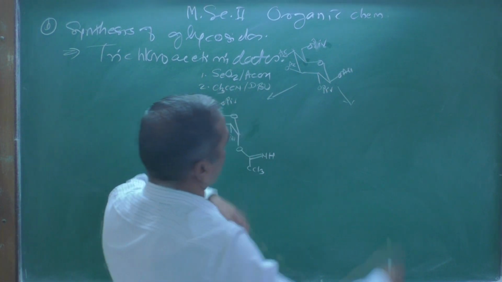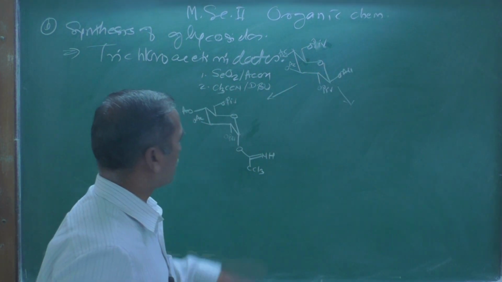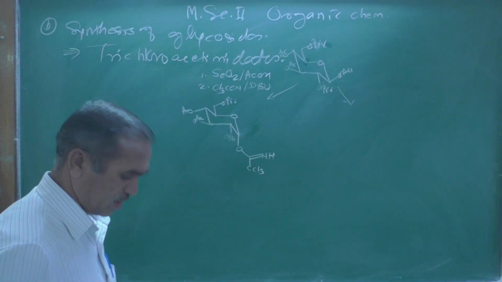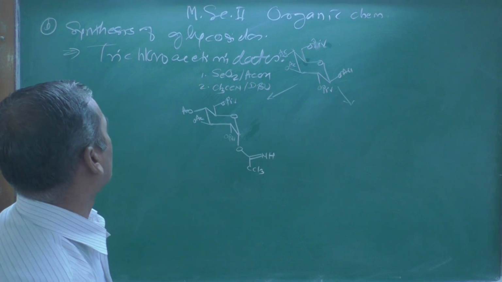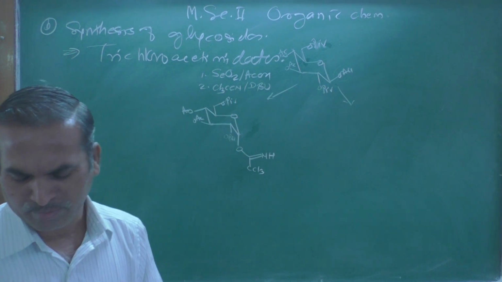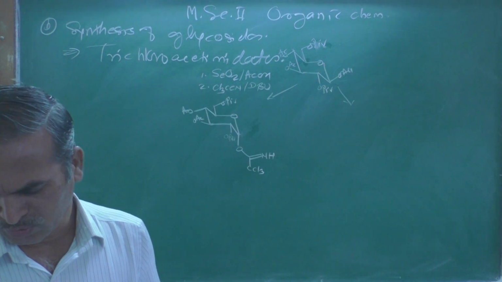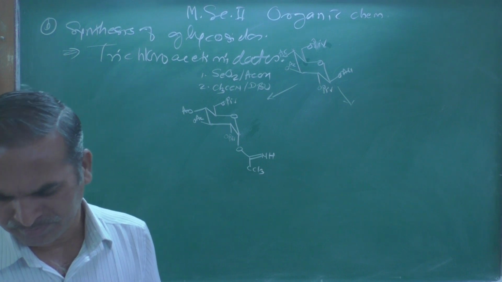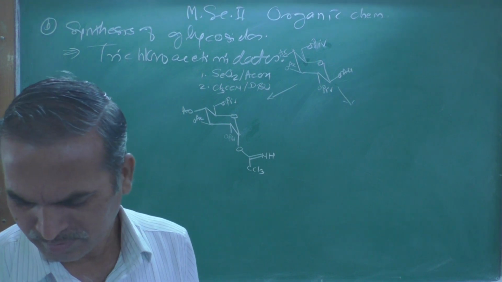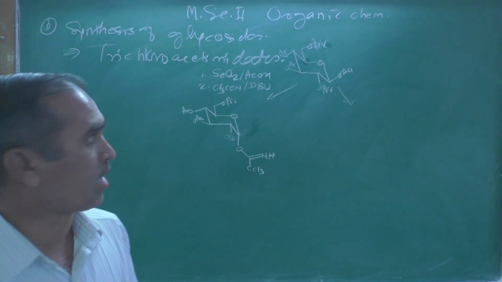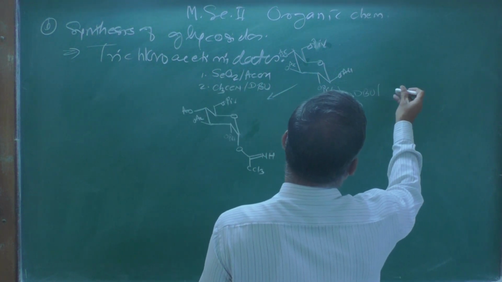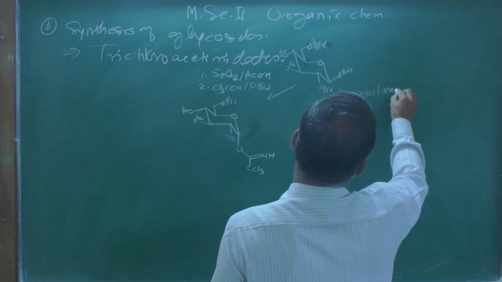This compound has the hydroxy group at the equatorial position, and that is known as a trichloroacetamidate, and the trichloroacetamidate becomes a donor here. Now for the disaccharide intermediate, DBU and methanol are used. Now here is DBU in the presence of methanol, MeOH.